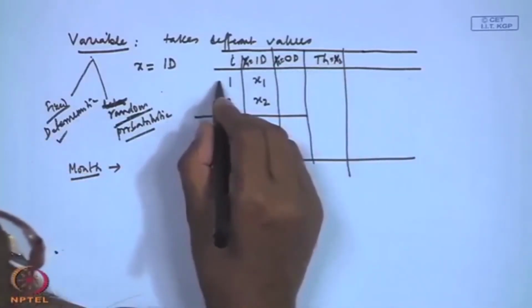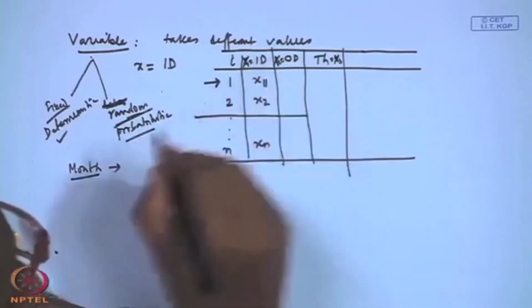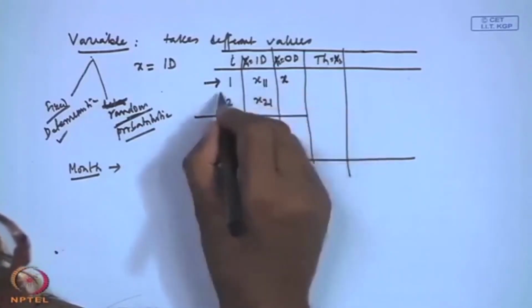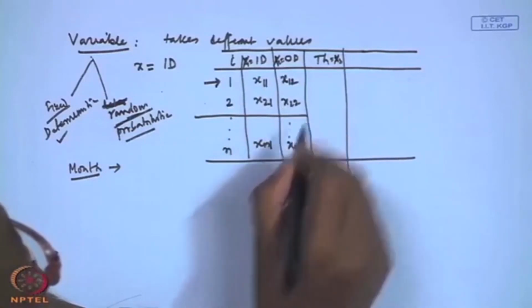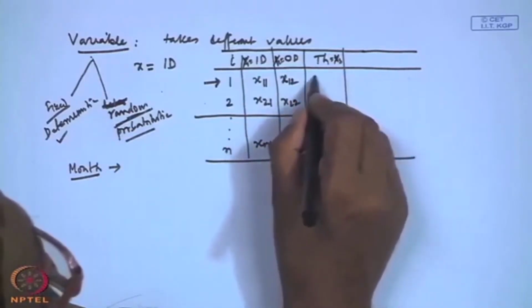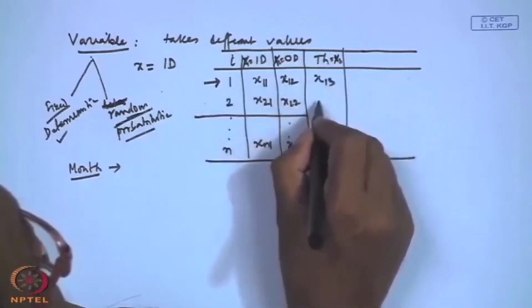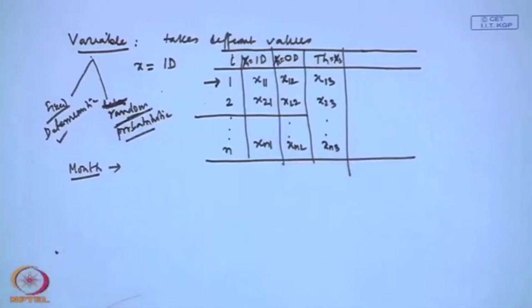Then for the first item produced, this will be x11, second one x21, up to xn1. Similarly, for OD x12, x22, like xn2, and for the x3 variable, for the first observation it is x13, second one x23, like this xn3.